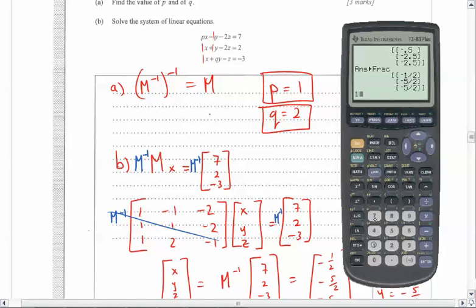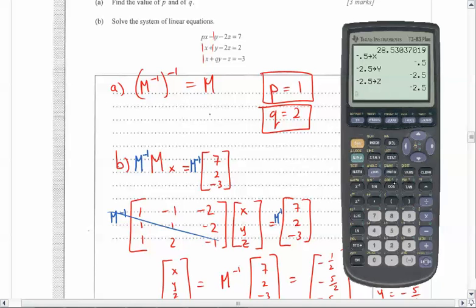So what I want is 1x minus 1y minus 2z. I want this to be 7, as long as negative 0.5 is stored as x, negative 2.5 is stored as y, and negative 2.5 is stored as z.